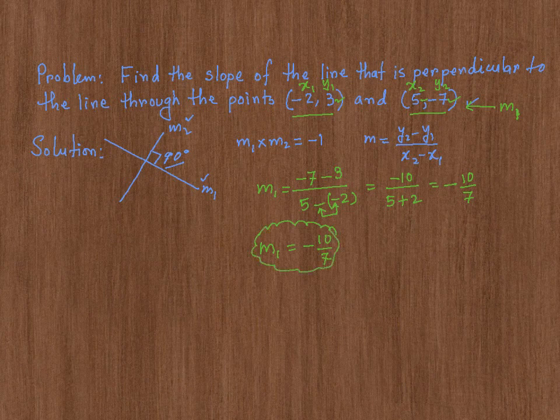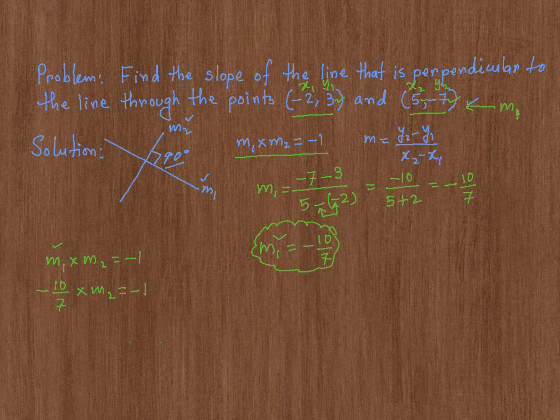Now we have to find the slope of the line that is perpendicular to this line. We know the condition: m1 times m2 is equal to -1. We have m1 to be -10 over 7, times m2, which is what we are looking for, equal to -1.